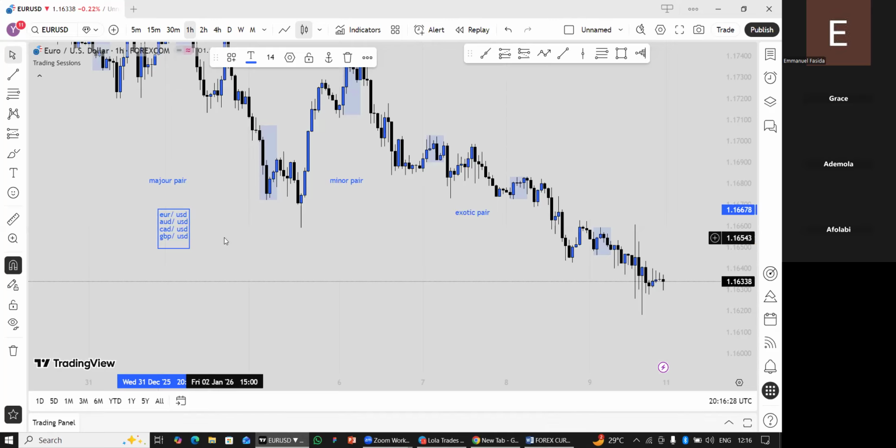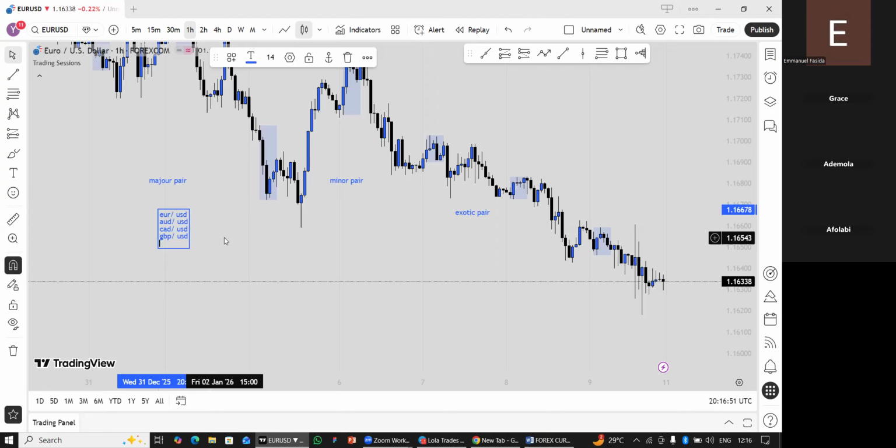Yen, I think. There is USD JPY, but that's under the minor pair. We'll get to that. Sometimes people classify USD JPY as a major pair because it's crossing with the dollar, but it is actually a minor pair.